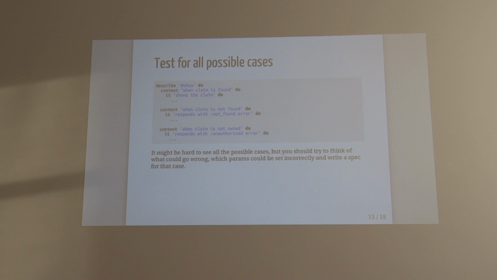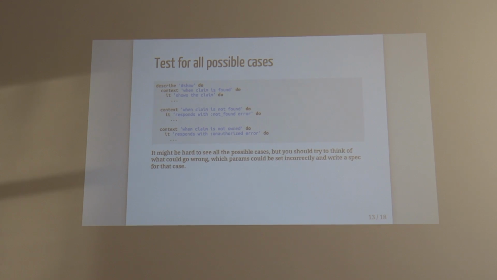It's much better to actually test every line or every method or every possible code path. When there's an if or when there's a case, it's very good to test it for all possible conditions.